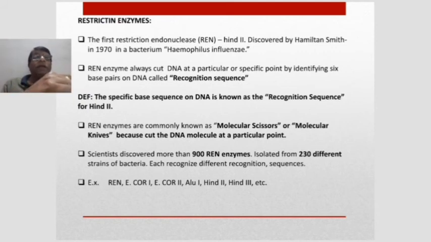The first restriction endonuclease enzyme, REN, was Hind II. Actually, it should be capital. Hind II, discovered by Hamilton Smith in the year 1970 in a bacterium Haemophilus influenzae.